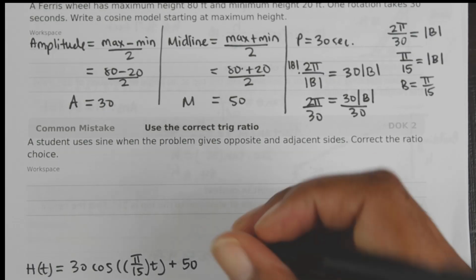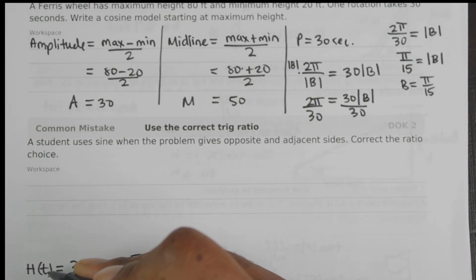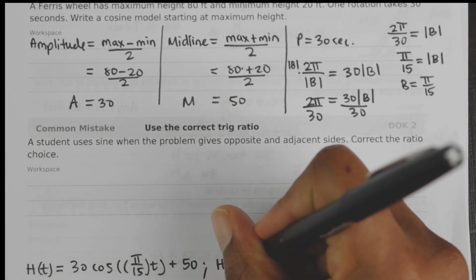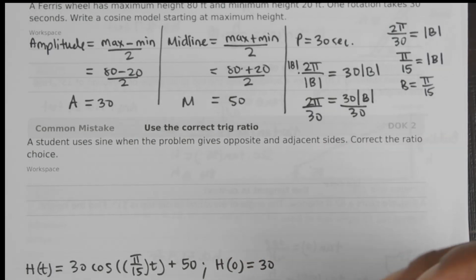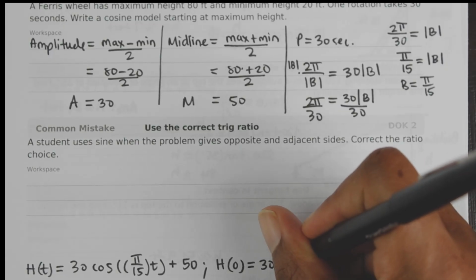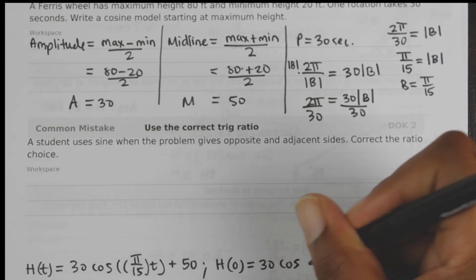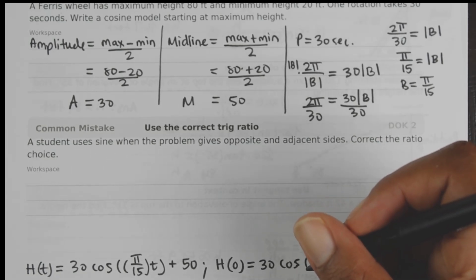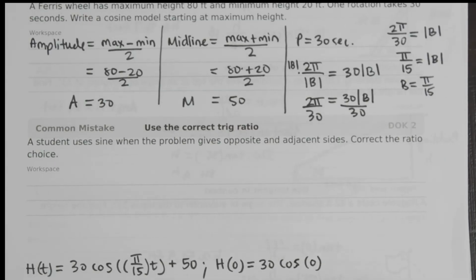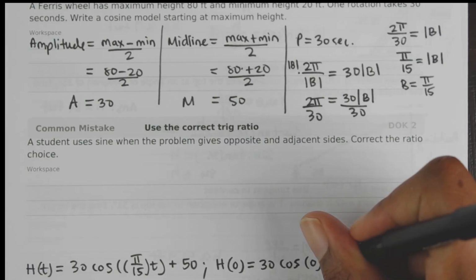Now, let's check the model at t is equal to 0. If we check this model for t equal to 0, we would have h of 0 equals 30 cosine of 0, essentially, right? Because 0 times anything is 0, plus 50.